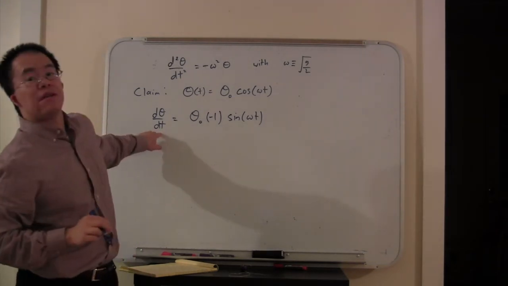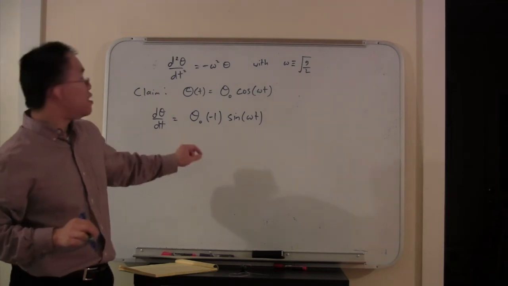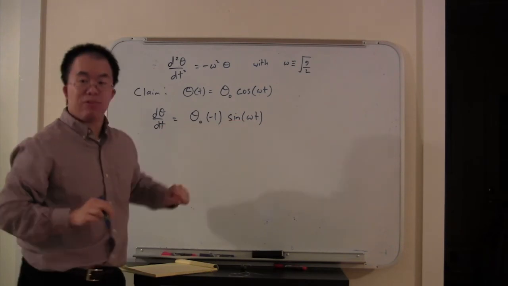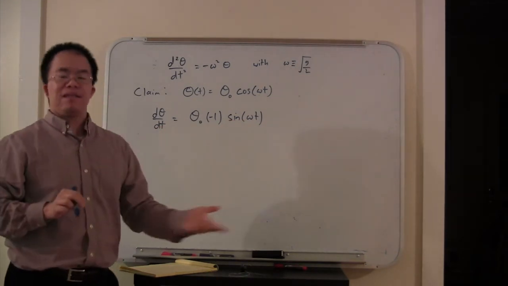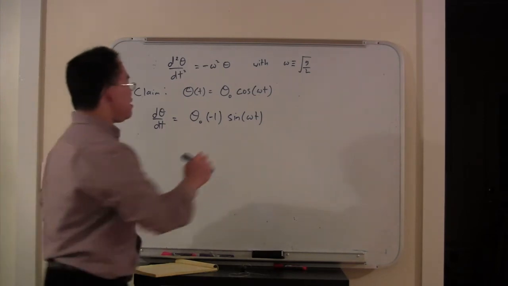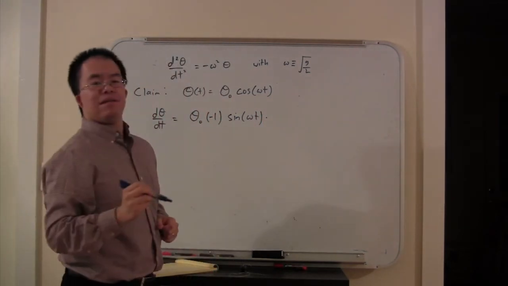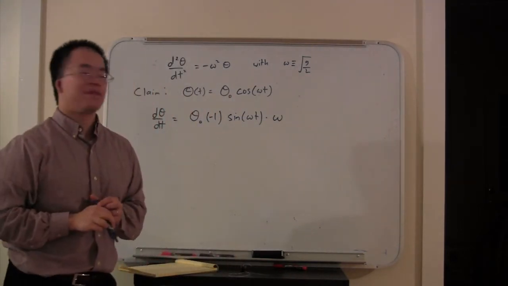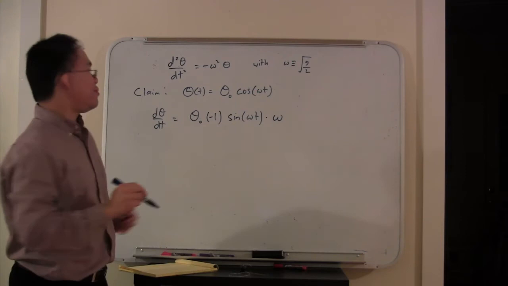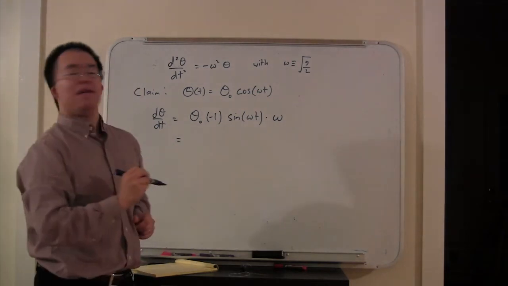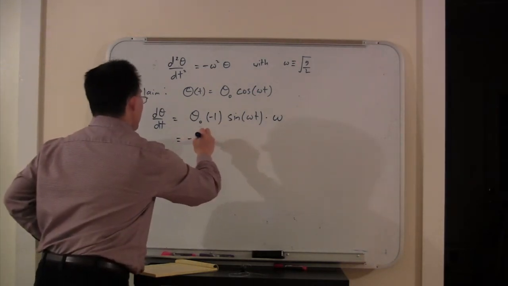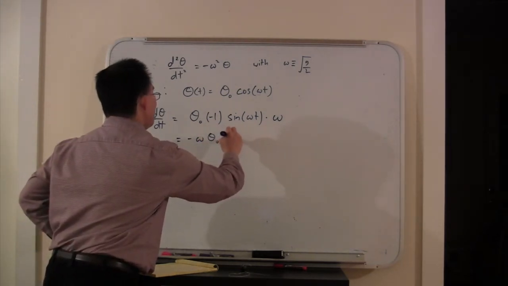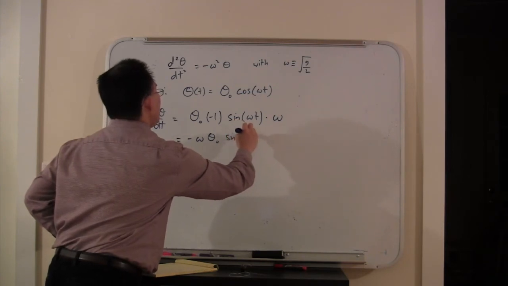I'm taking the derivative with respect to t, not omega t. So I need to differentiate this bit with respect to t. Omega t is just a constant multiplying t, so taking the derivative with the chain rule gives me another factor of omega. Let me simplify this and collect everything together. So this gives me minus omega times theta naught sine omega t.